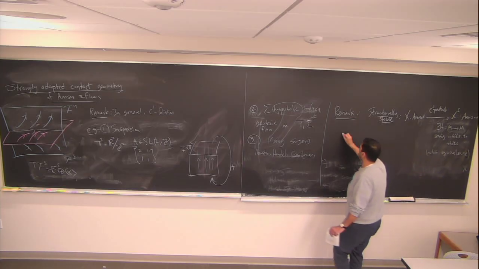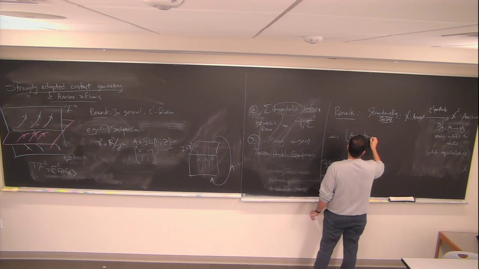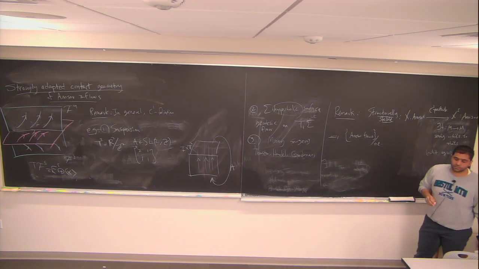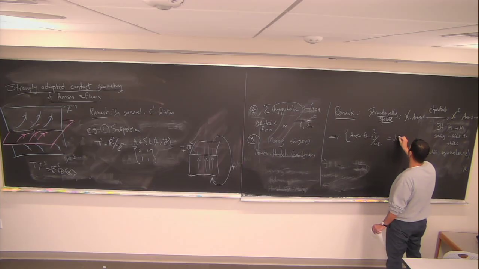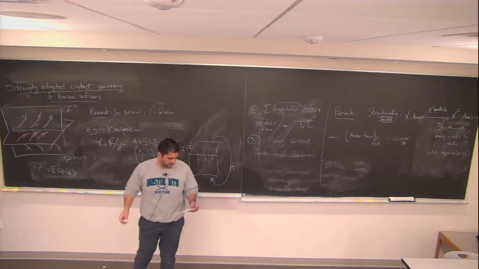That means that the space of Anosov flows, modulo this kind of equivalence relation, is a discrete set. And something that topologists like to do is to classify discrete sets, right?